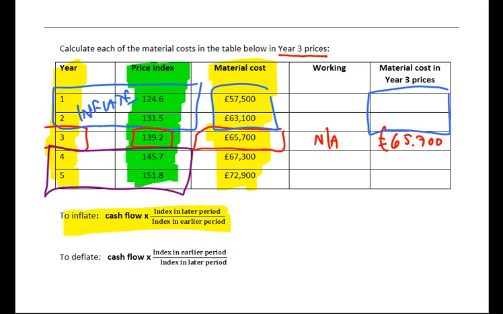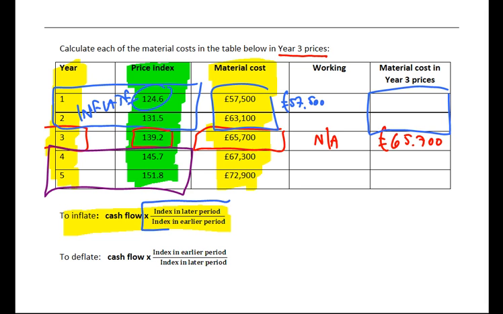What we do is we take the cash flow that we're trying to inflate. So for instance, if I start working on year 1, we've got the cash flow, which was the material cost of 57,500 in year 1, but that is in year 1 prices. Year 1 prices were only at a price index of 124.6, whereas by year 3 the price index has climbed to 139.2.